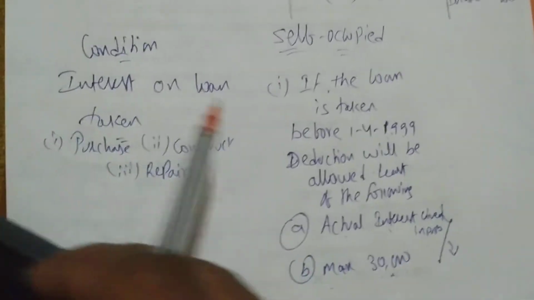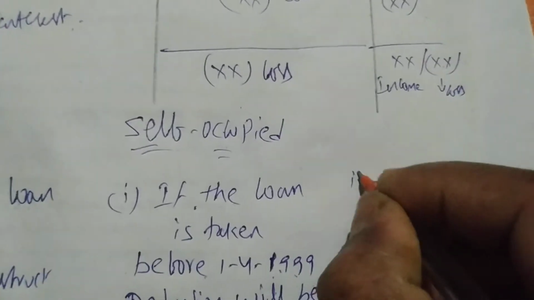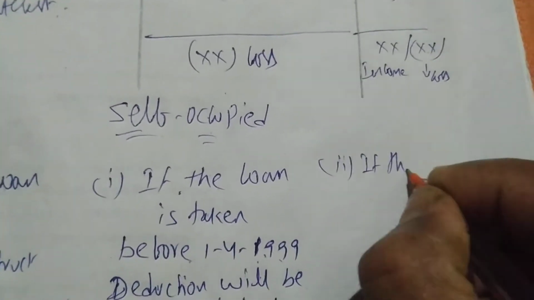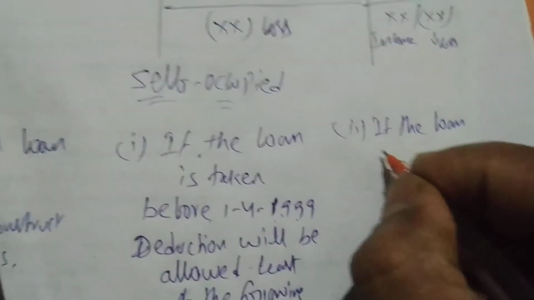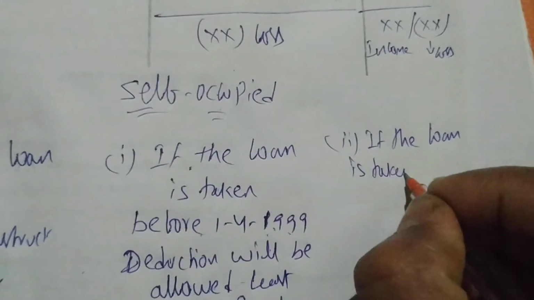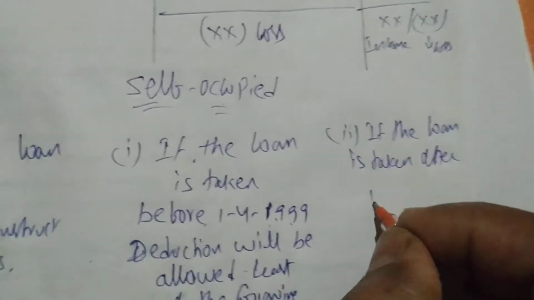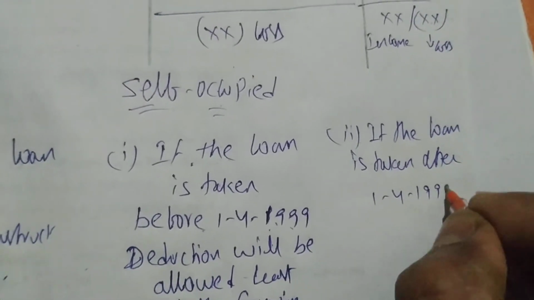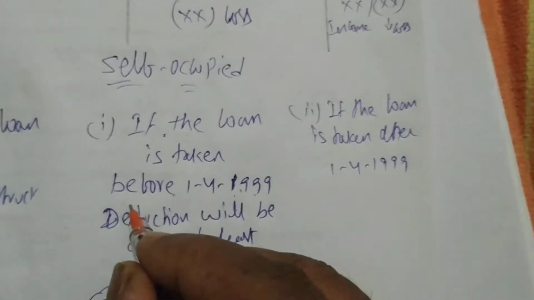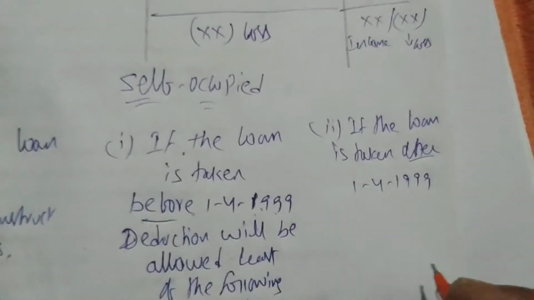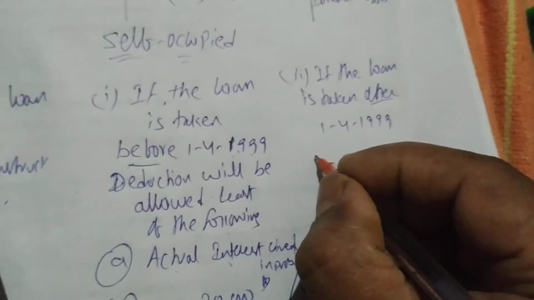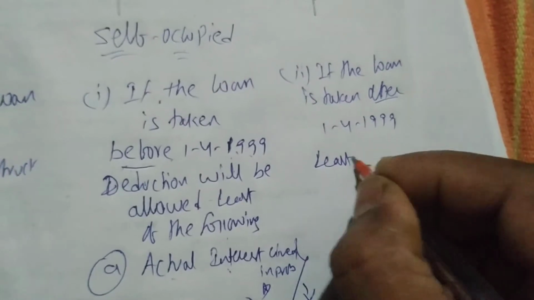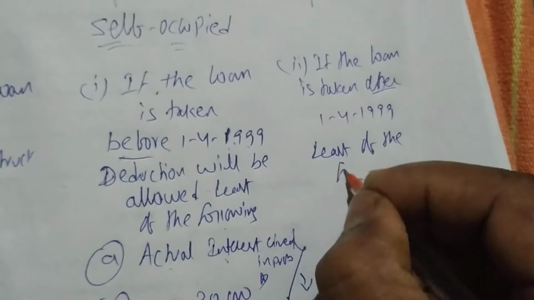Okay, next. So this is important. Condition 2: if the loan is taken after 1/4/1999, here it is before, here it is after, so deduction is again least of the following.